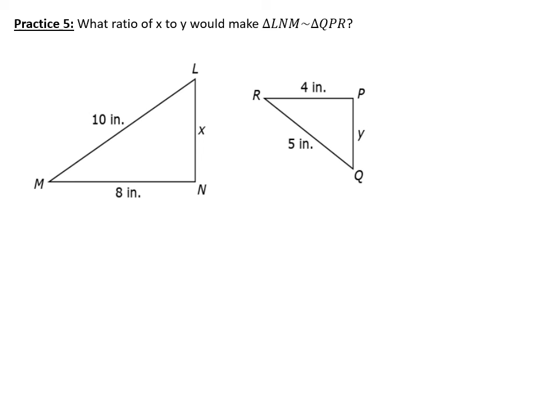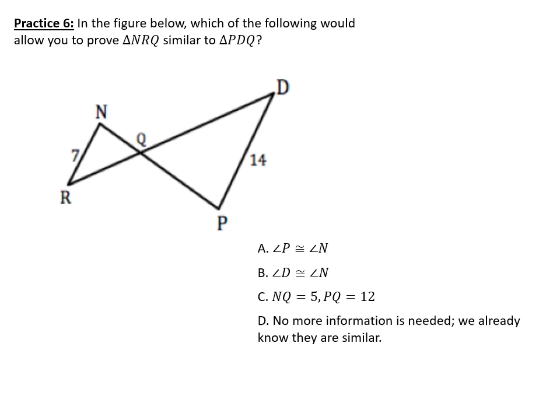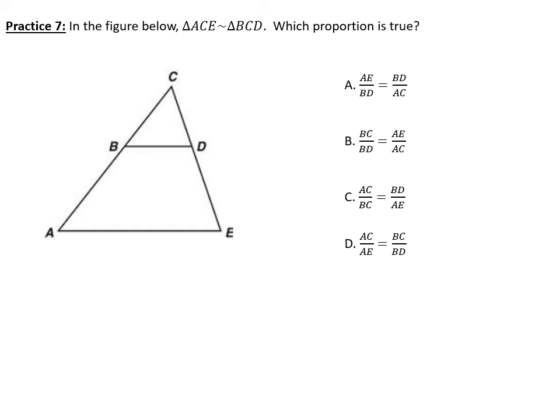Here's figuring out the ratio that we would need to compare for the two sides to be similar, two triangles to be similar. Which of these is true? So you're just picking A, B, C, or D. And 7, you're picking one of those to be true.